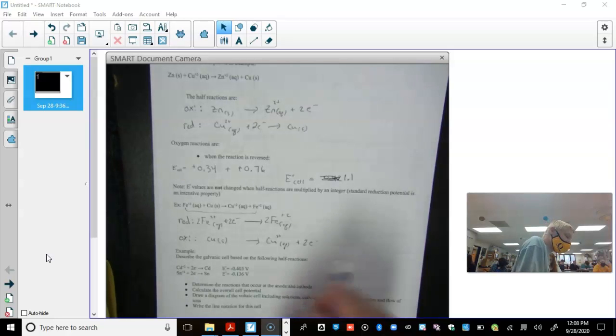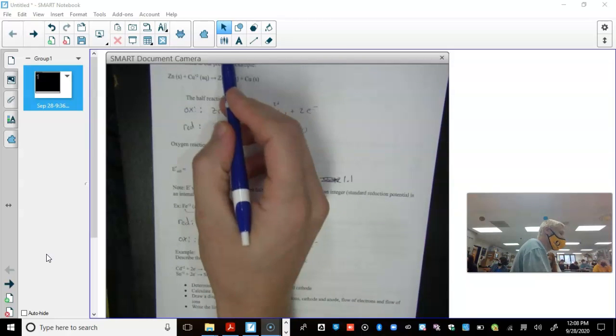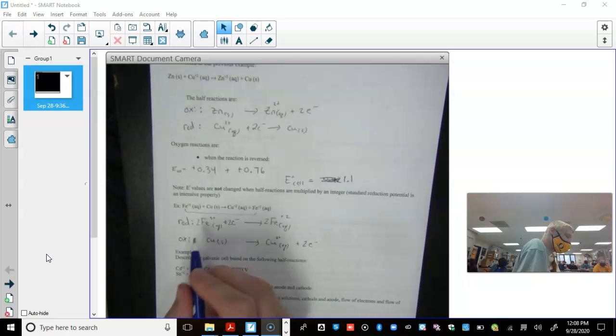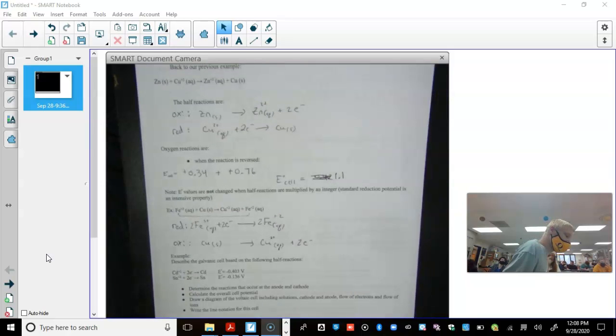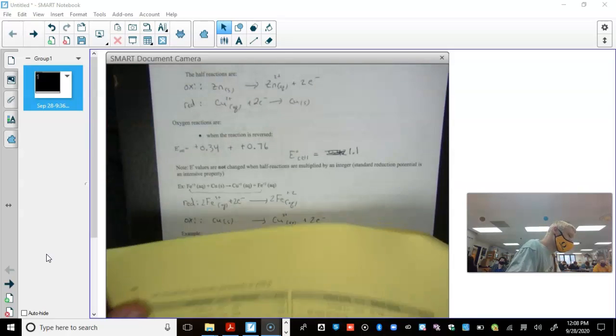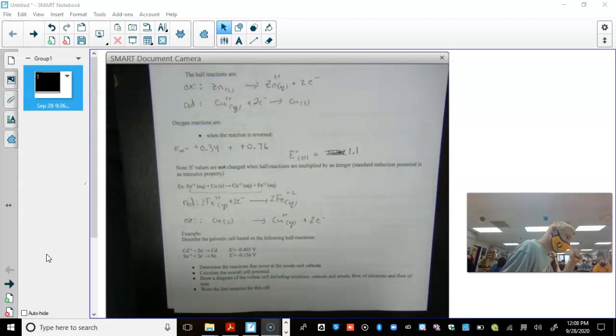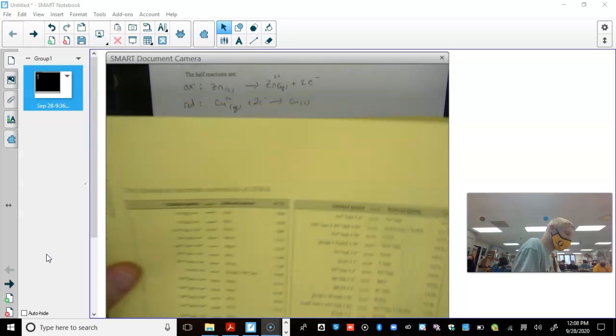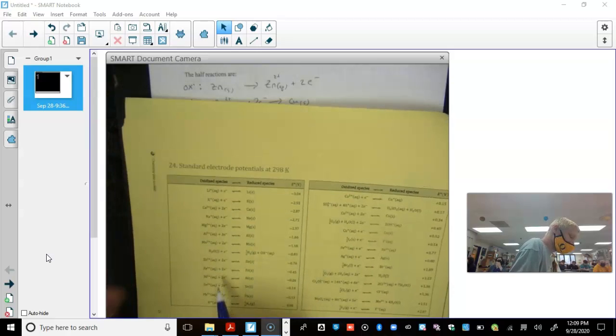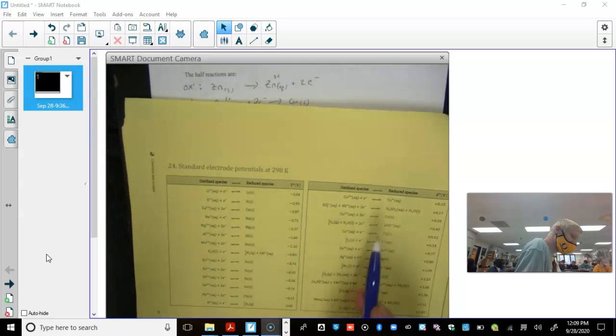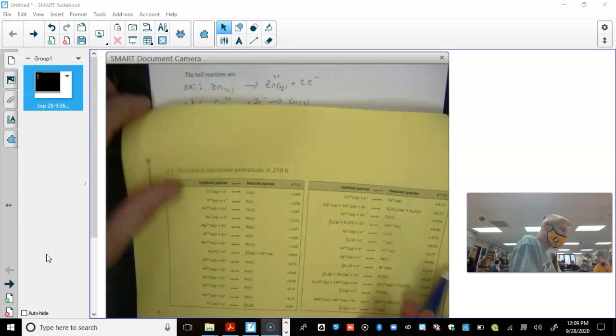All right, so what are the electrode potentials? We have to do reduction minus oxidation. So we're doing the iron, so we have to look for iron. You got it, reduction plus oxidation. All right, looks like there it is, plus 0.77.